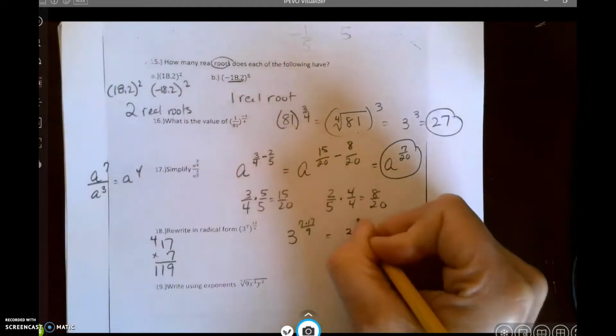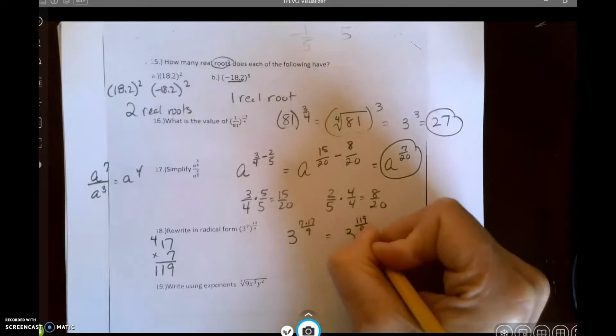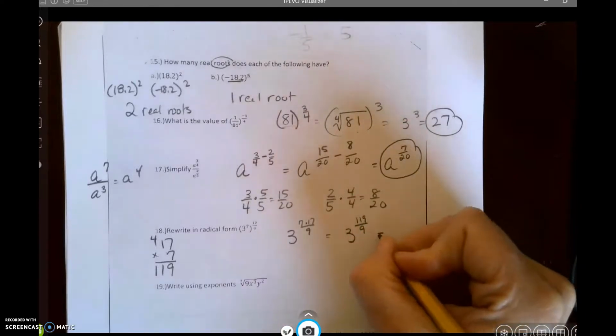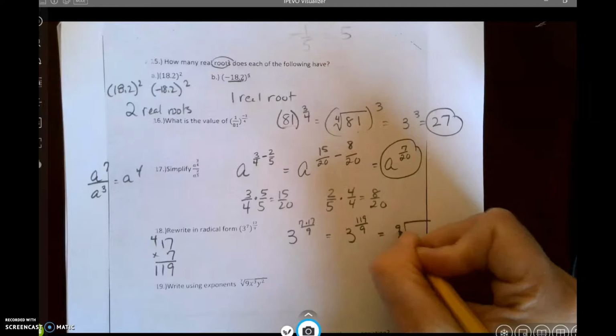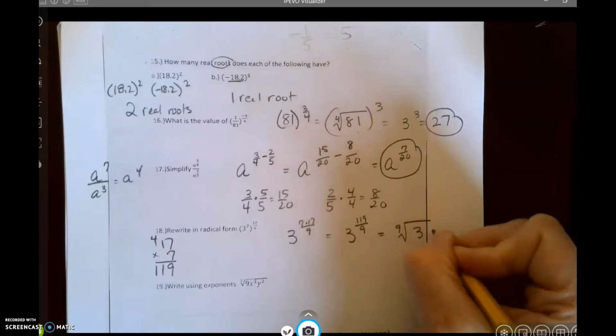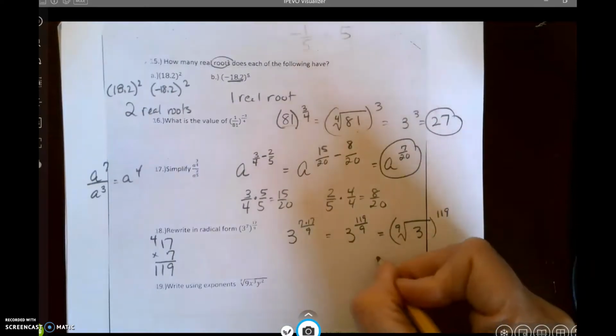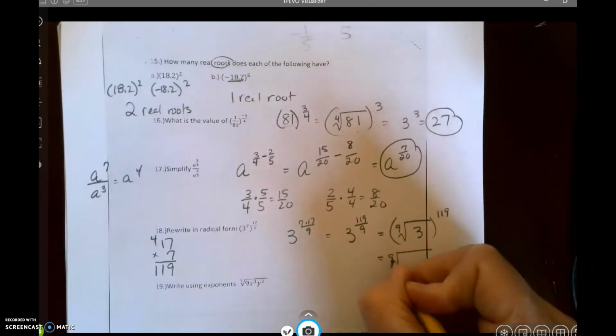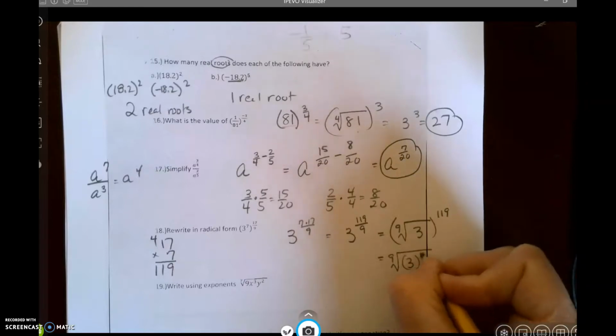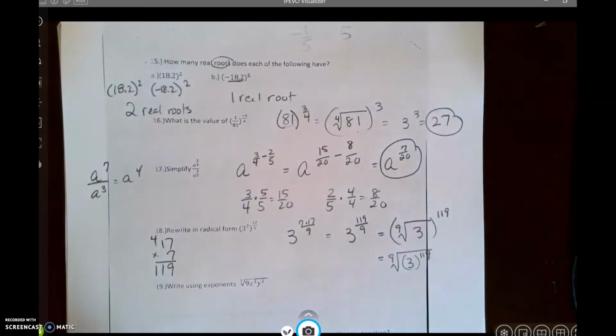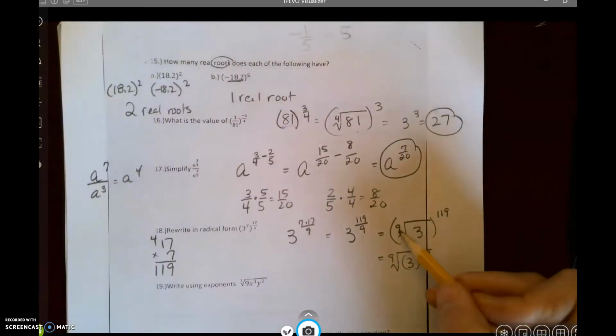So this is 3 to the 119 over 9. So it's the 9th root of 3 raised to the 119th power. You could also write it as the 9th root of 3 to the 119th power, like that. But power over root.